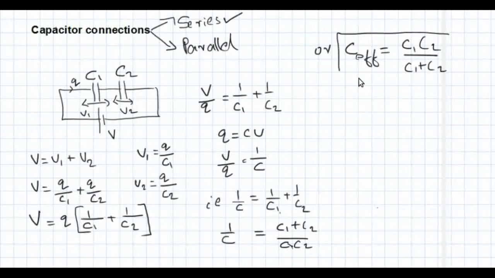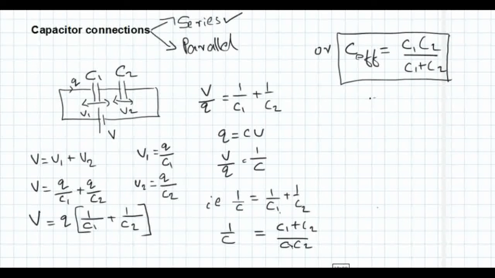So the effective capacitance of two capacitors when they are in series will be C effective is equal to C1 C2 by C1 plus C2. Once again, this is the effective capacitance when two capacitors are in series, and 1 by C is the reciprocal of the effective capacitance. So this is the case of two capacitors.